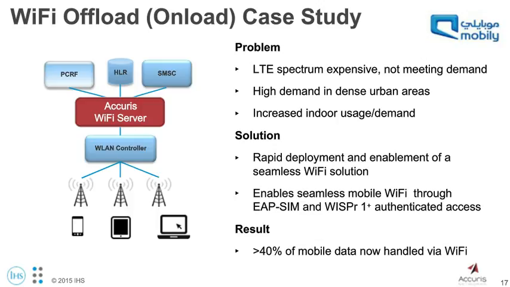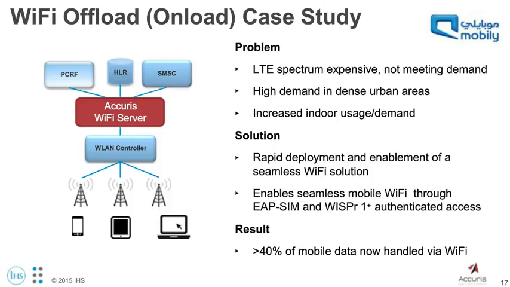Absolutely. Thank you. Yeah. Wi-Fi as a tool is fantastic. There's just a couple of ways it can be applied, and hopefully we'll cover at least some examples and get you as the audience thinking about different ways that Wi-Fi has been applied successfully across carrier networks and maybe have more of a discussion as we go forward into the Q&A. One of the customers that Accuris has had that has been successful with Wi-Fi is Mobily in the Middle East.